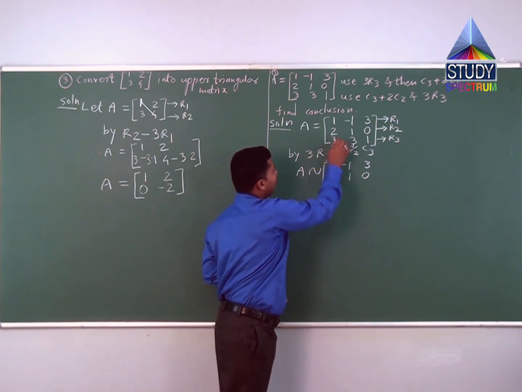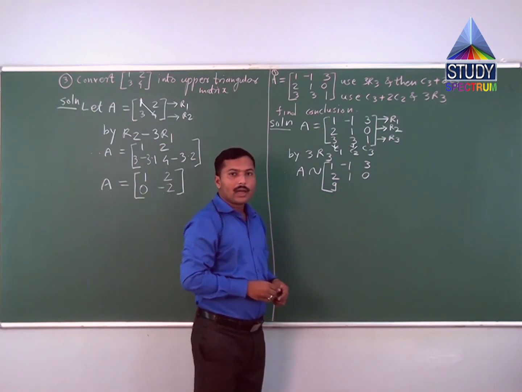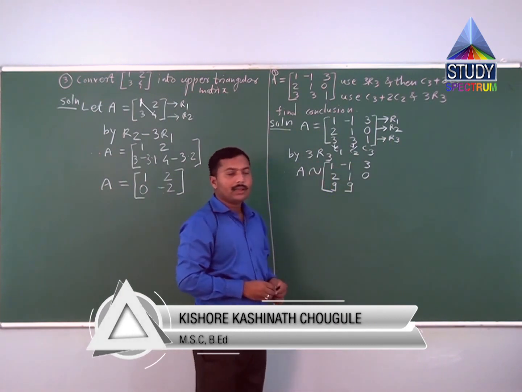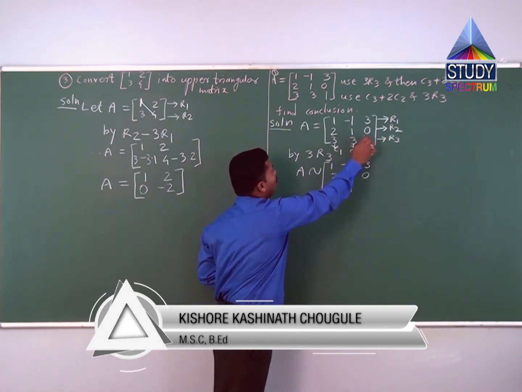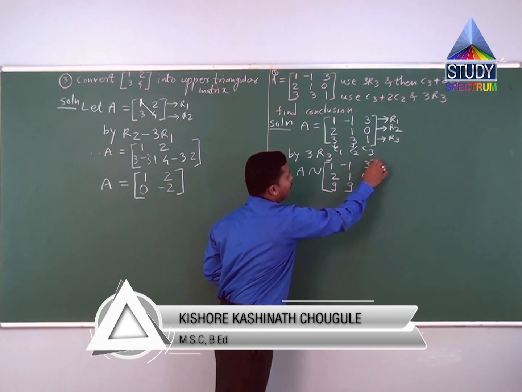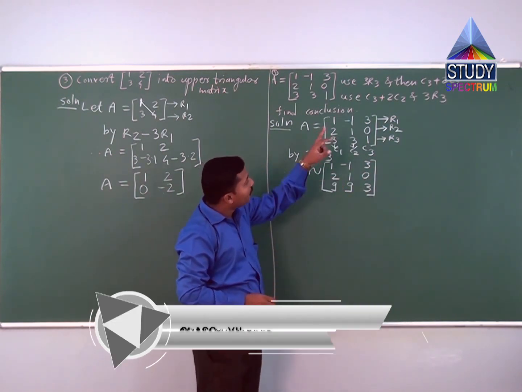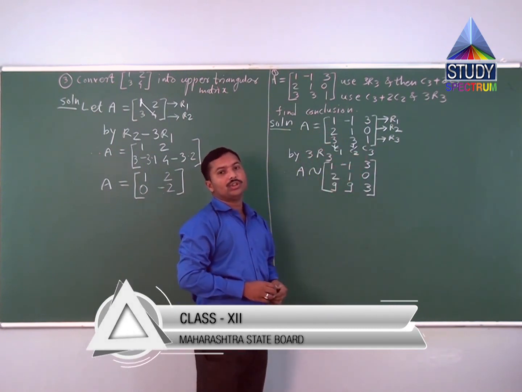So 3 into 3 is 9, again 3 into 3 is 9, again 3 into 1 is 3. Then C3 plus 2C2.